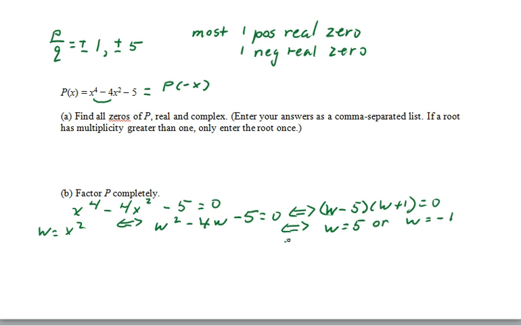If we back substitute the x squared for w, we get x squared equals 5 or x squared equals negative 1.